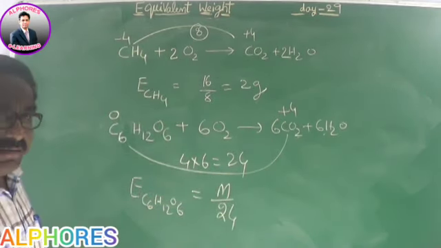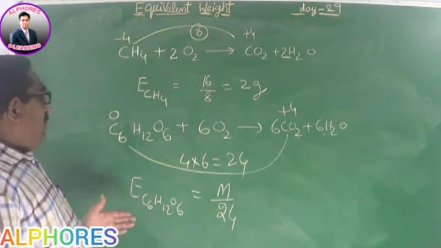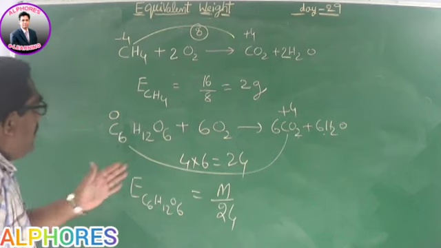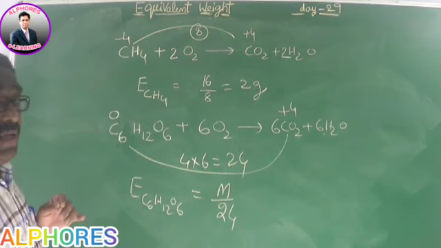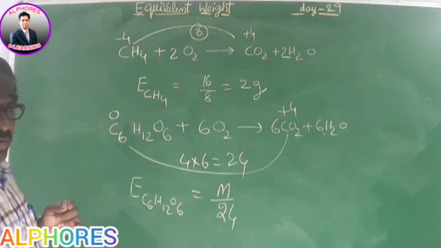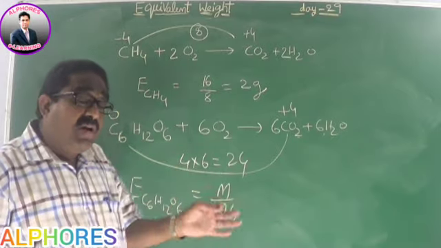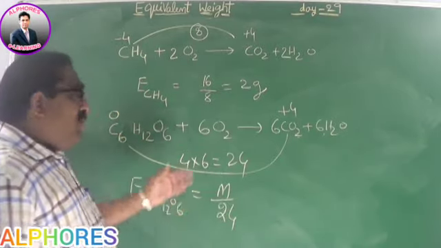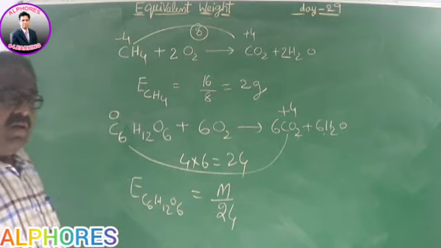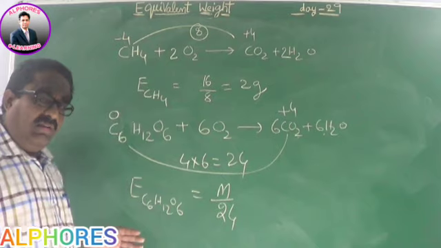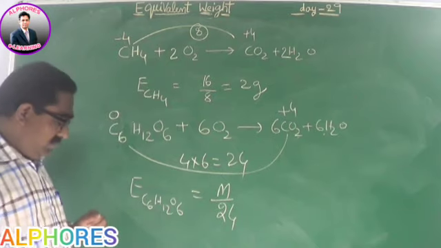So this is an approach to calculate the equivalent masses of substances involved in different chemical reactions. Let me go through some more examples. Please write down along with me, so that no time will be wasted for us.